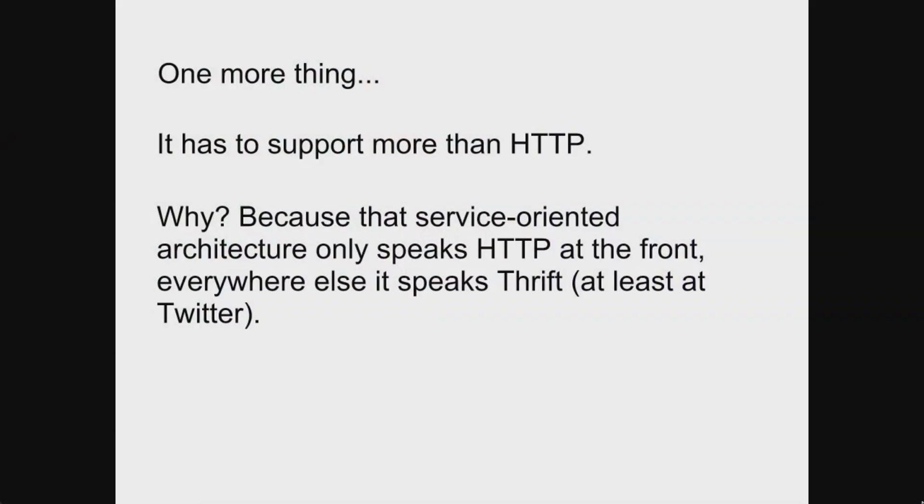So one more thing. JMeter and almost every other load generator I've used, by default, will speak HTTP, which is fine if you have a web service. Clearly, Twitter is a web service, so why isn't that sufficient? Well, it turns out that when you build a big service-oriented architecture, you're probably not speaking HTTP on the back end. At Twitter, we're talking Thrift. Thrift is a wire format that is similar to protobuf, which many of you are probably familiar with.